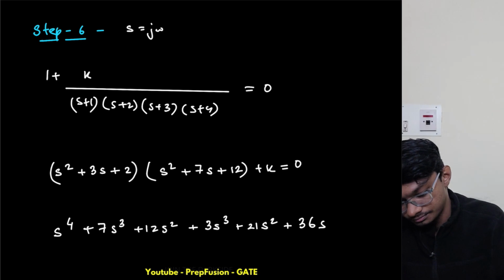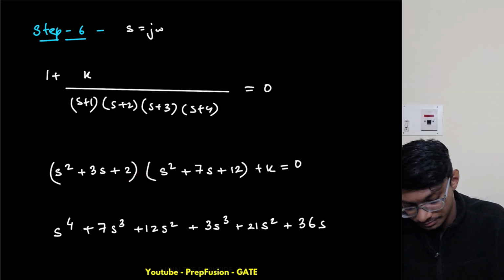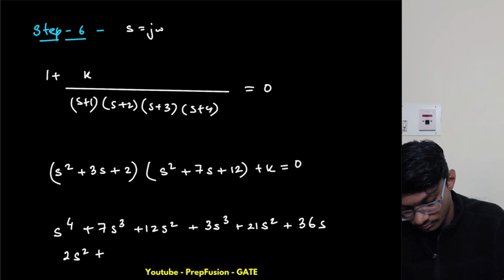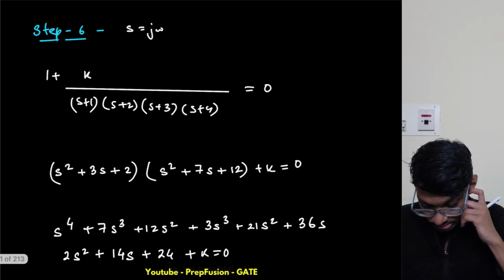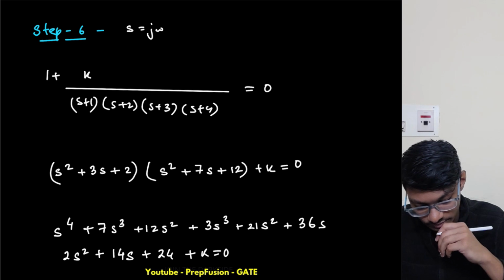Right? Now this is 2s square (14s) plus 24 plus k equals to 0. Now let me make the like terms together.